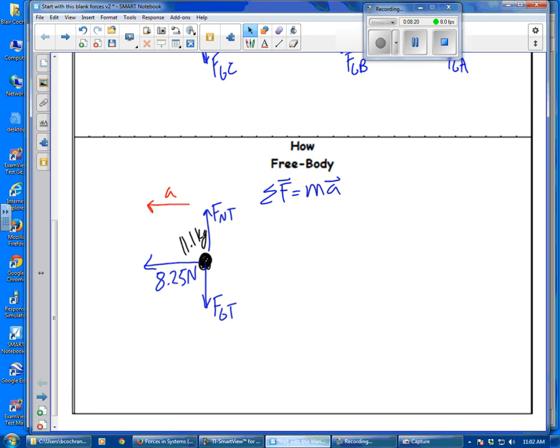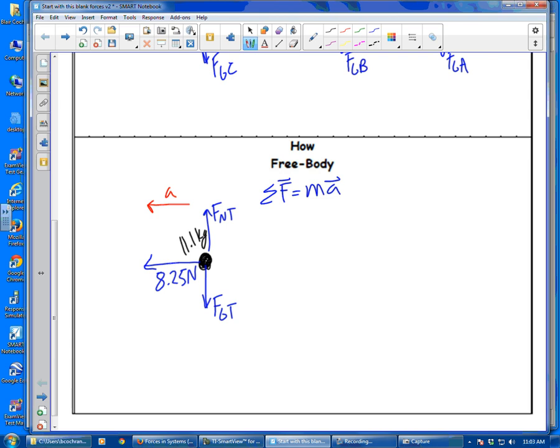And now if I'm interested in finding the acceleration here, should I look at the horizontal or vertical forces? What do you think? Look at the horizontal ones, right? Because the acceleration points horizontally. So horizontally, now I'm going to just fill in that equation again, but this time using numbers rather than using a drawing.